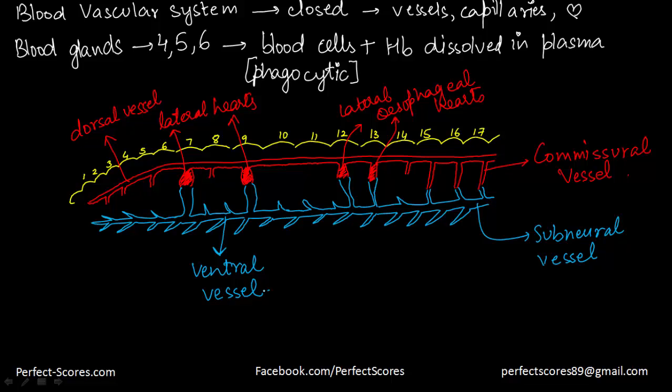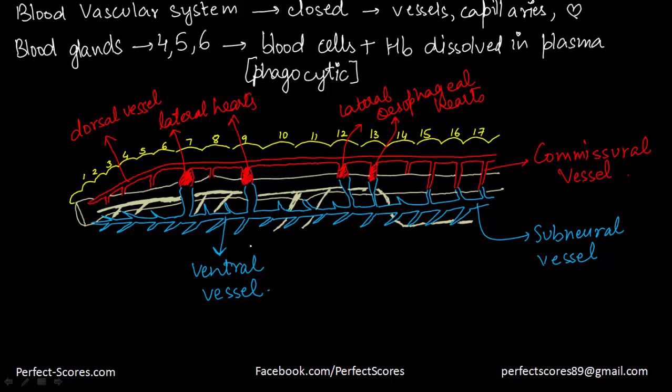And then there's a third vessel over here, the yellowish color. That is known as the lateral esophageal vessel. So you have three vessels, basically the commissural, the subneural, and the lateral esophageal, and then there's a ventral vessel as well.